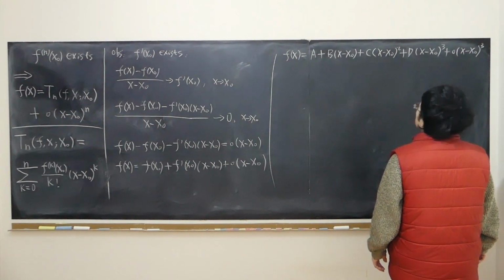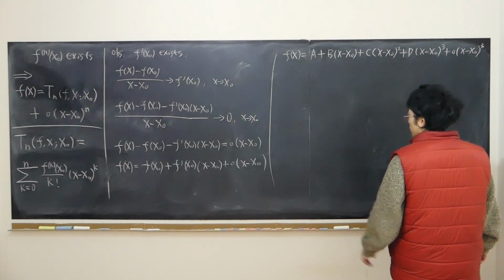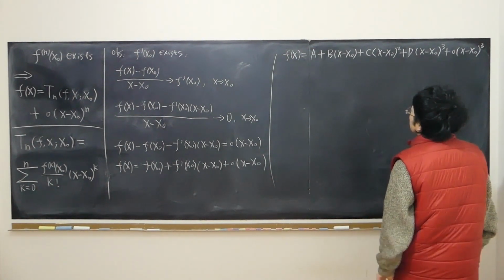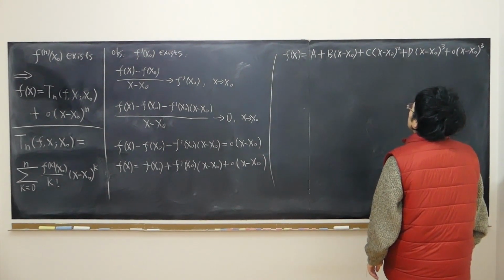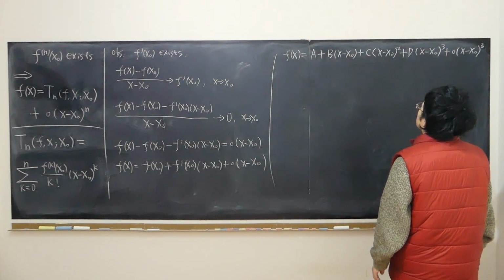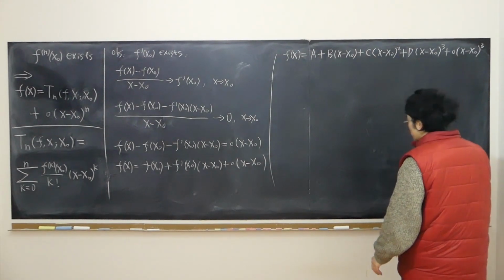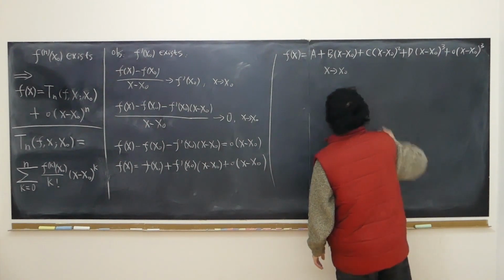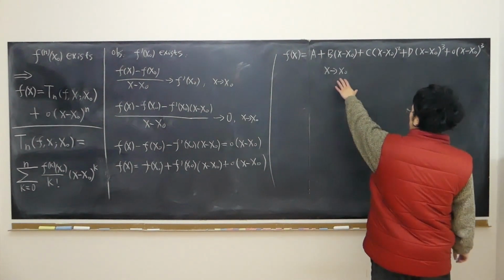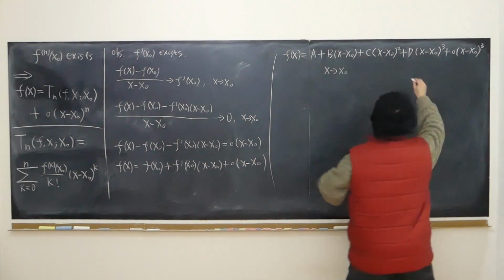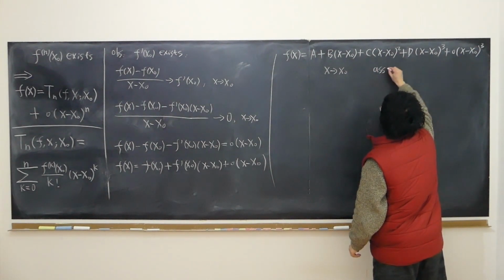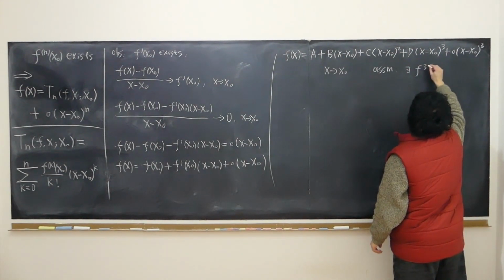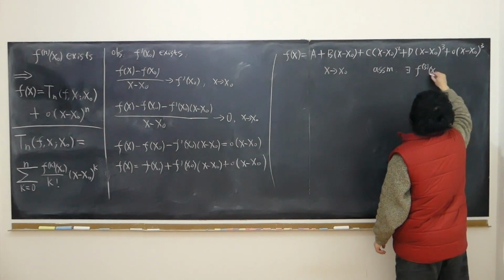So in other words, if it's true, can we find the exact values of A, B, C, and D? I think so. Why? Just imagine, let x approach x naught. What will happen? Let's assume that the third order derivative at x naught exists.